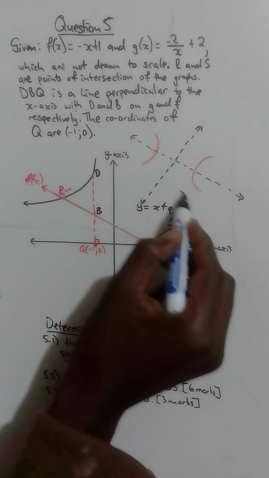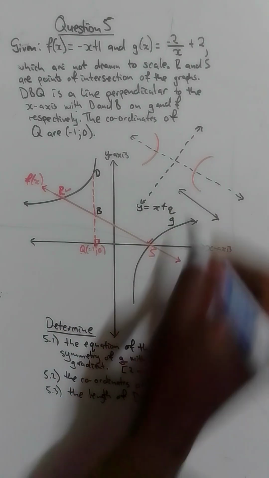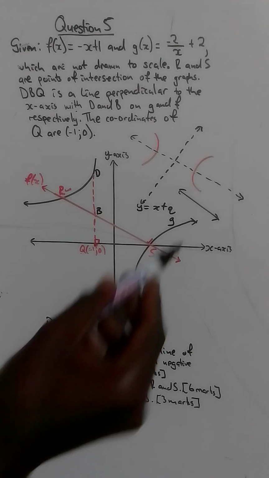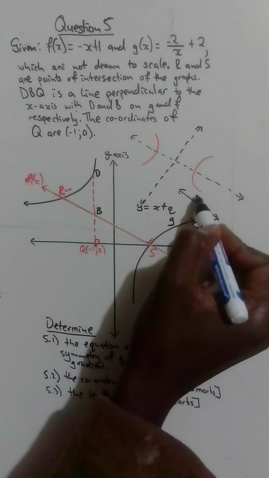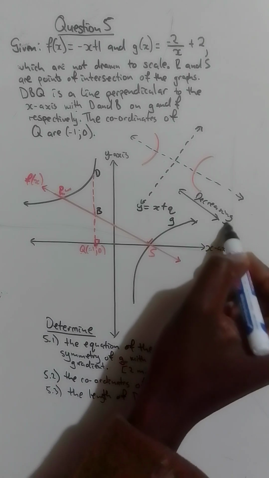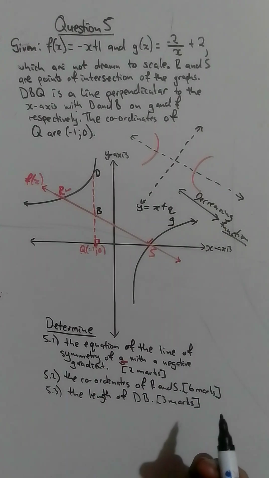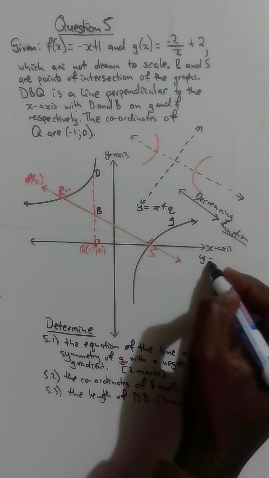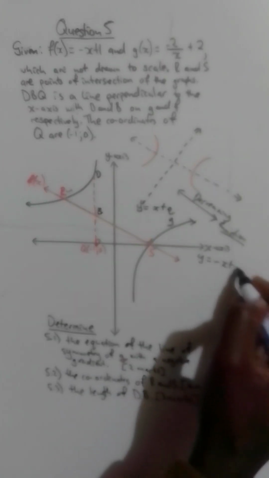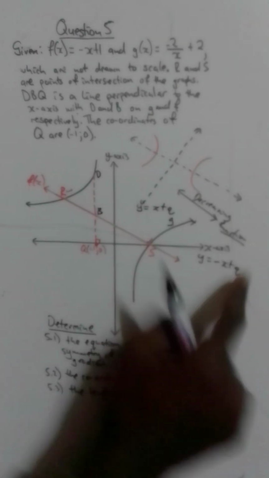So this one, which is touching the graphs in this particular scenario, if you remember from the linear functions video that I gave you, I said that in this direction, this we know as a decreasing function. And when we've got a decreasing function, what is the equation? The equation is y is equal to negative x plus q, right? So this is what they are looking for, the line.